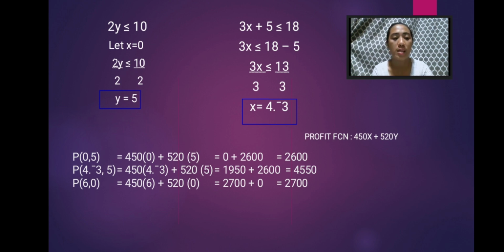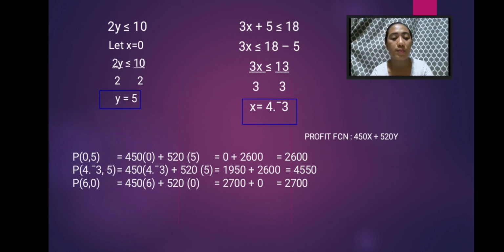Then the other one is the value of x and y that we solved. We have P of (4.3, 5) is equal to 450 times 4.3 plus 520 times 5, which is equal to 1,950 plus 2,600, which is equal to 4,550.